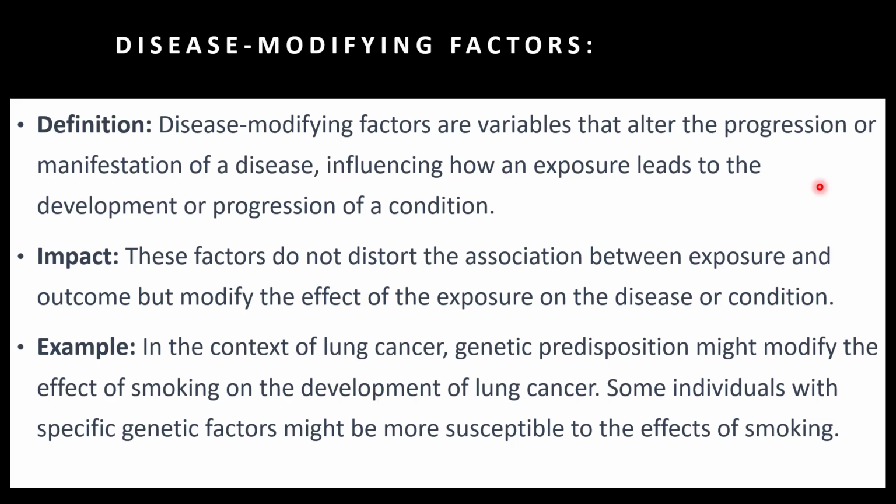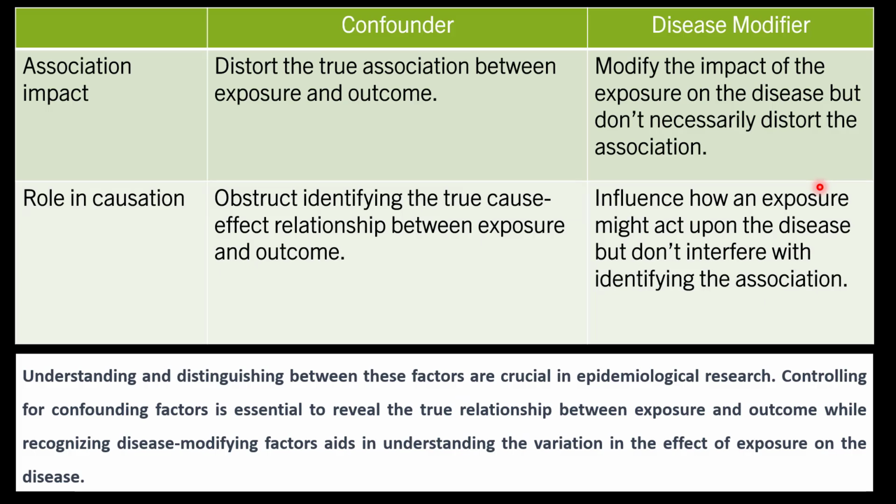It is not a confounder, it is a modifier. Okay, if I am a smoker, I have some risk to develop lung cancer. But if I am genetically predisposed to lung cancer, I may develop a more severe or more aggressive form of lung cancer. It's a disease modifying factor, not a confounder.